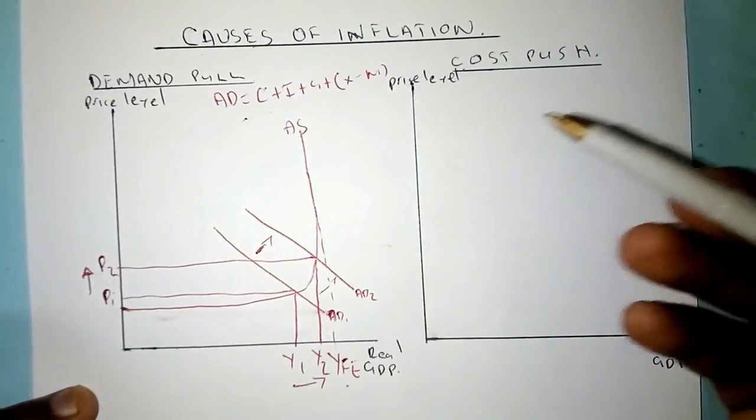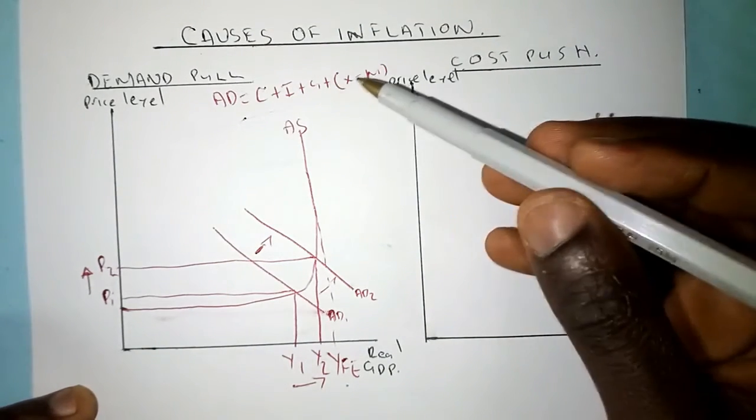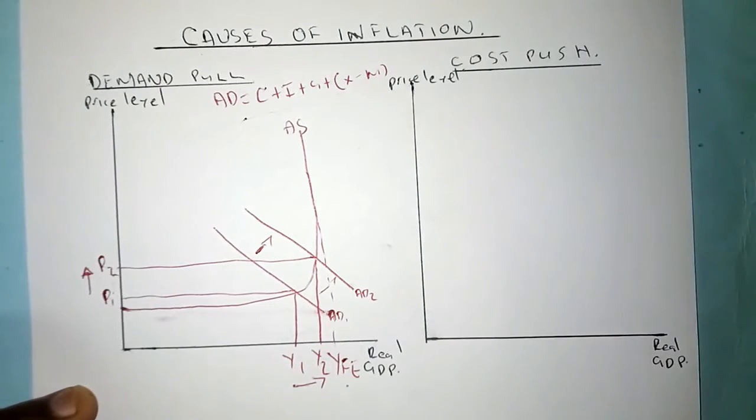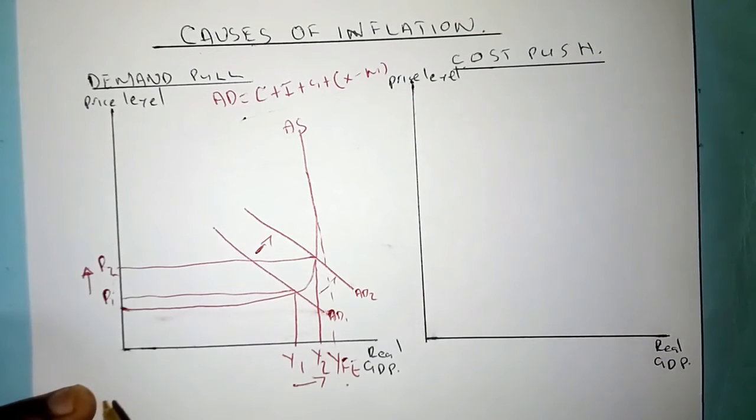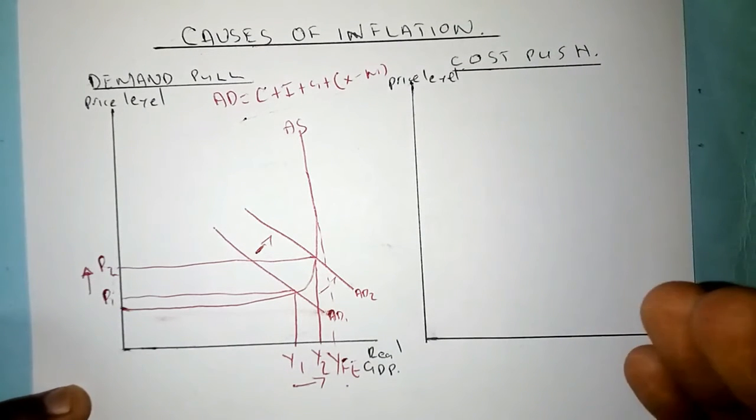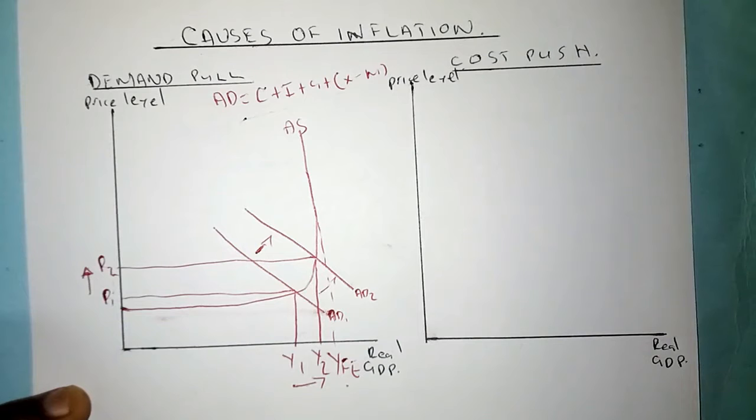Also an increase in investment, an increase in government spending, an increase in net exports. Maybe the exchange rate has fallen, which will all shift aggregate demand to the right and cause demand pull inflationary pressure. So that's how demand pull inflation is caused, whereby we see an increase in aggregate demand causing an increase in growth by causing an increase in demand pull inflationary pressure.